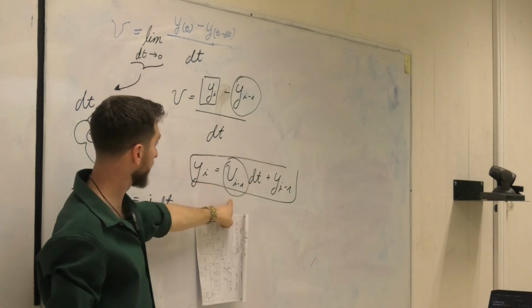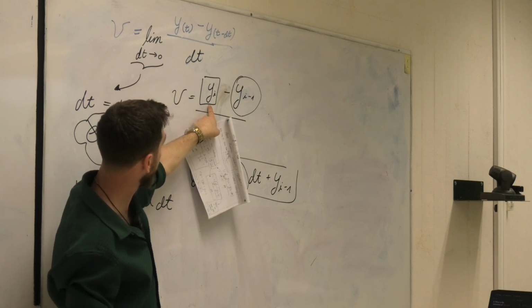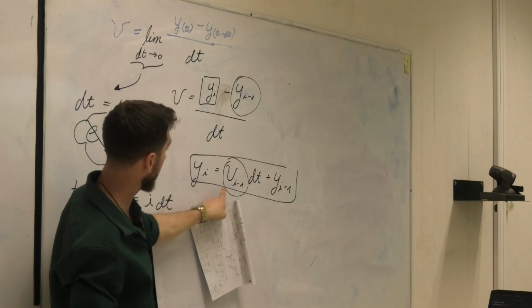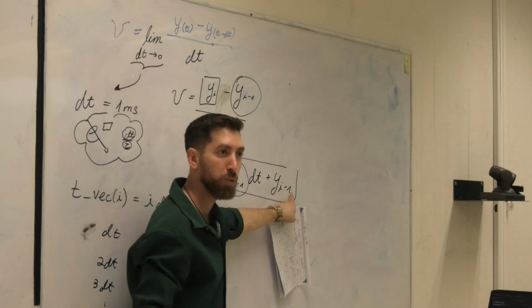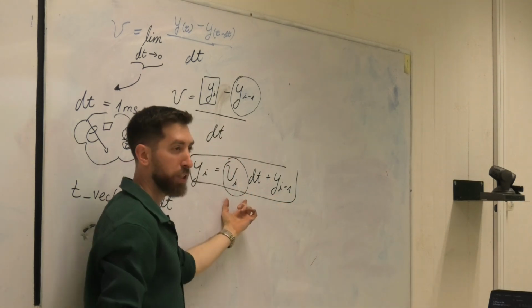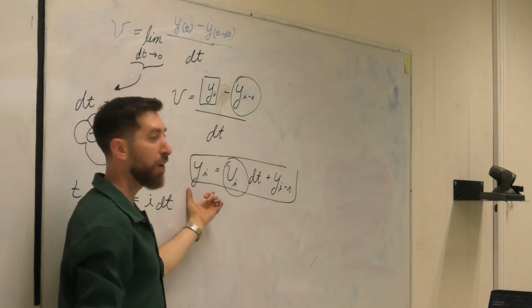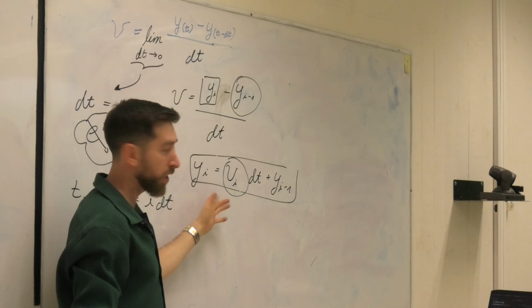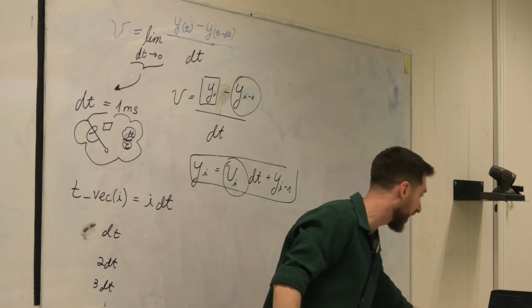If you know the current velocity, the dt, you can find the height of the particle. So that's the idea of velocity. But we're dealing with a much more complicated question.